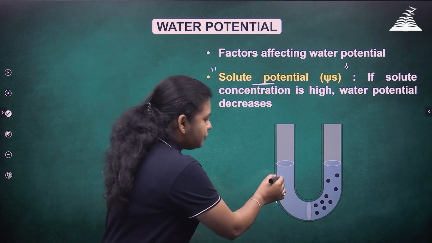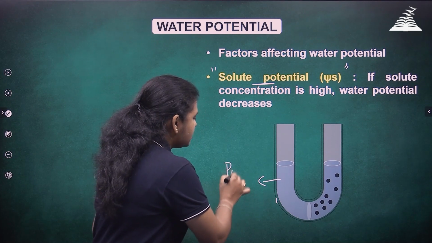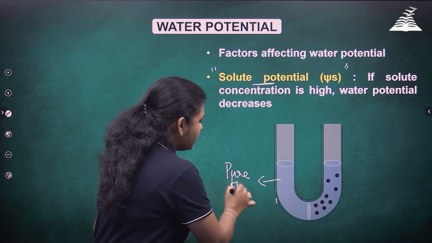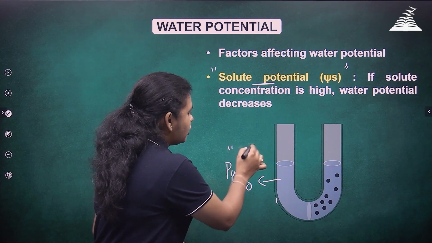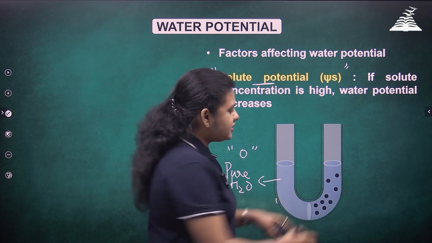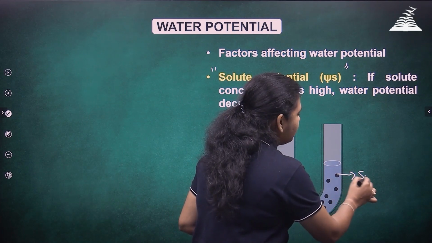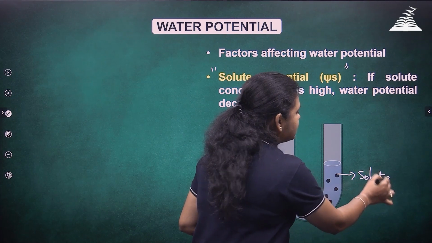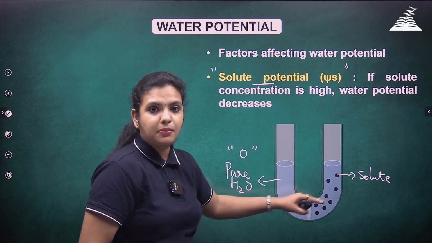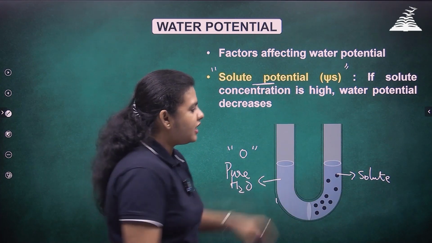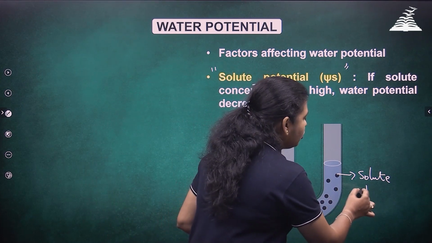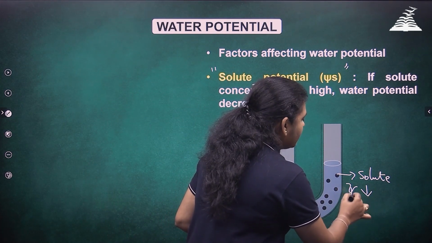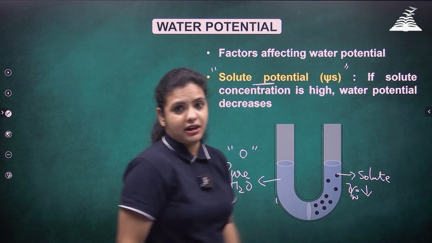Here it is just the pure water which is going to have maximum water potential, that is 0, and on the other side you have solute molecules. So solute comes and gets combined with the water and water potential is going to decrease. Water potential decreases.